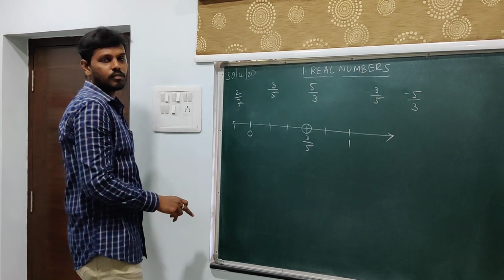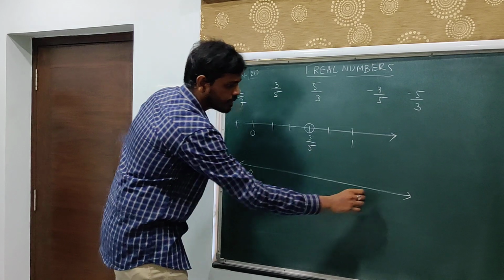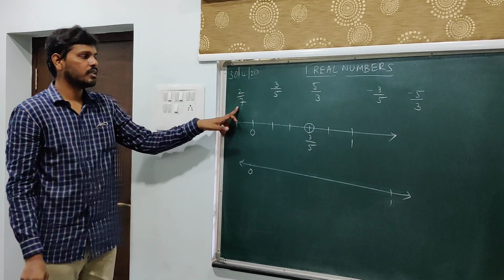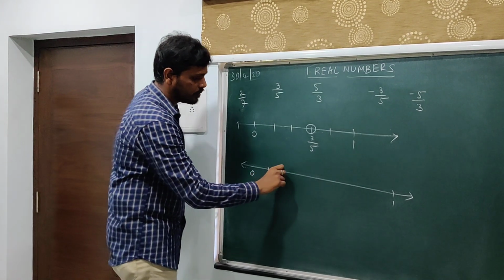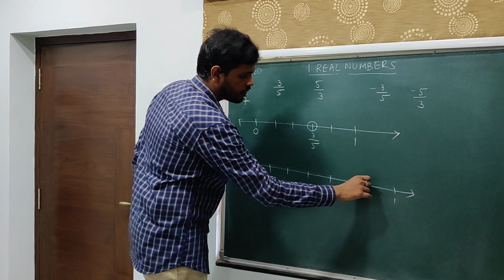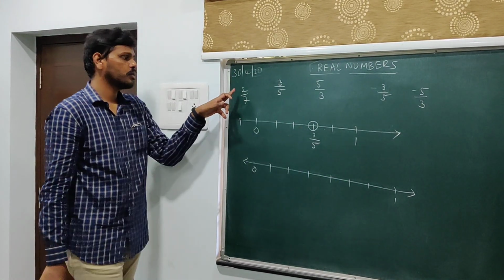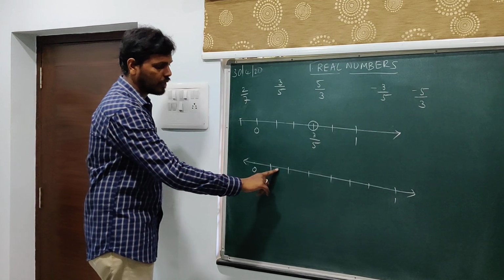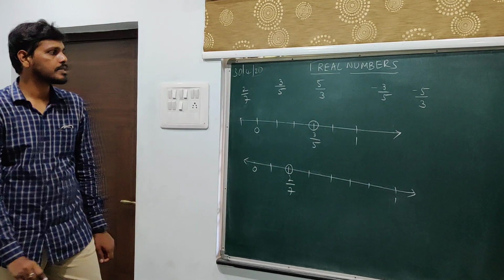Therefore this number lies between 0 and 1. So we'll write 0, we'll write 1. The denominator is 7, which indicates that we need 7 equal parts. So divide that into 1, 2, 3, 4, 5, 6, 7. These are your 7 equal parts, and out of which we need only 2 parts. So 1 part, 2 parts. So this is 2 by 7.